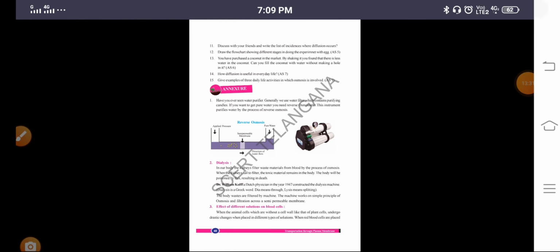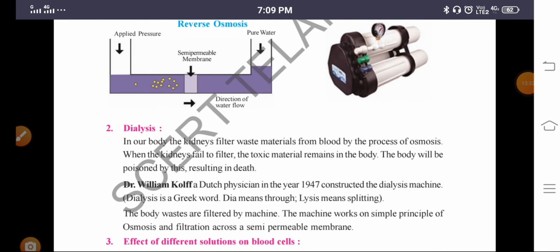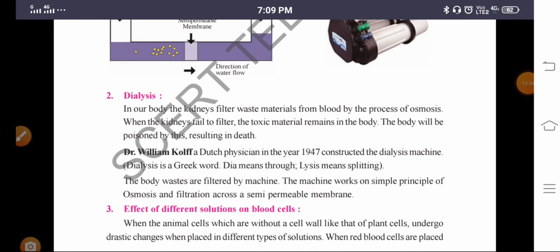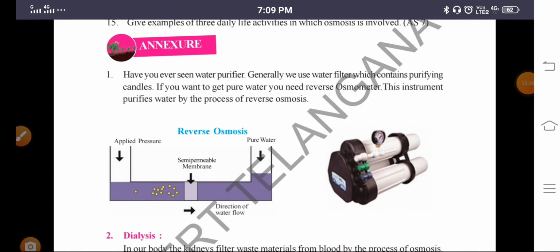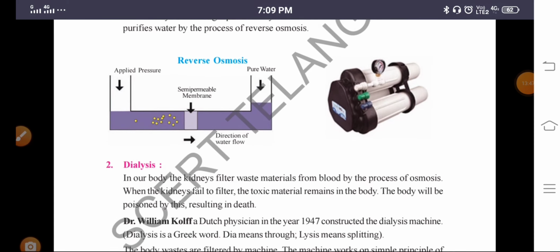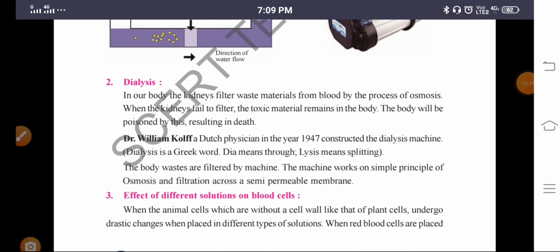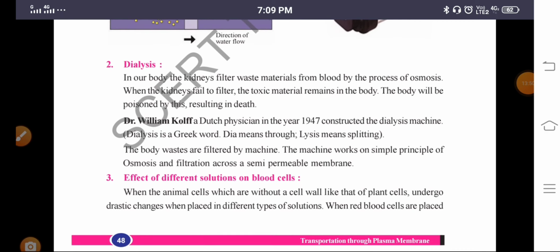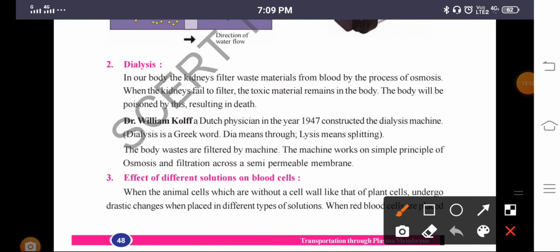Now we have dialysis, and the main important topic, osmosis. By reverse osmosis we can prepare filtered water, and by osmosis, dialysis was first carried out by Dr. William Koff.